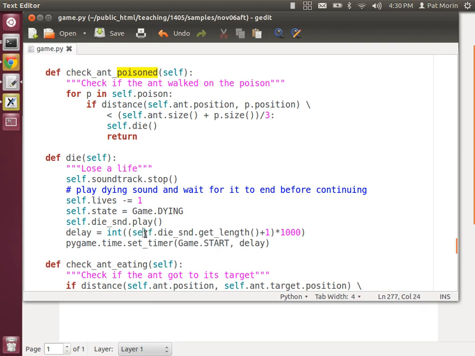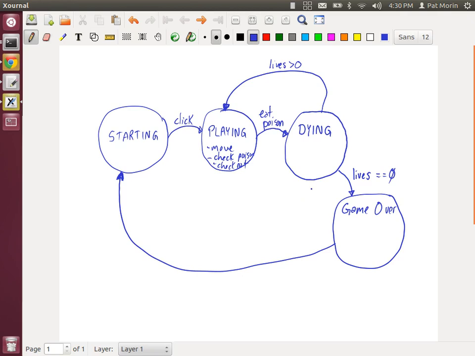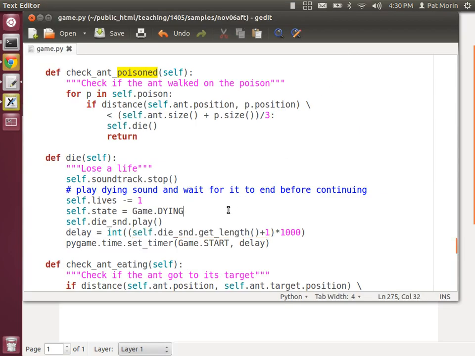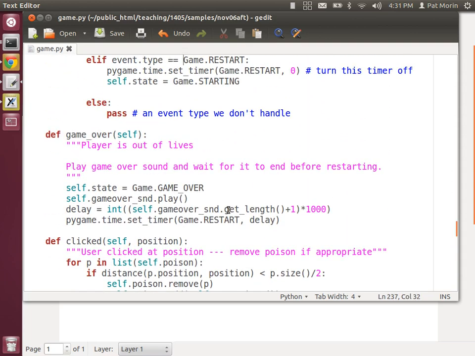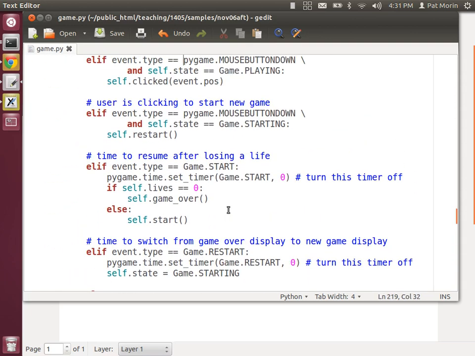That timer is supposed to generate an event that's called start, and the delay on that timer is the length of the dying sound plus 1 second.